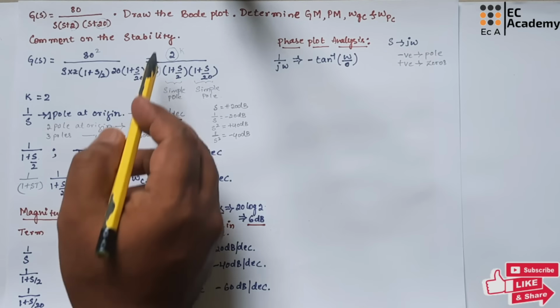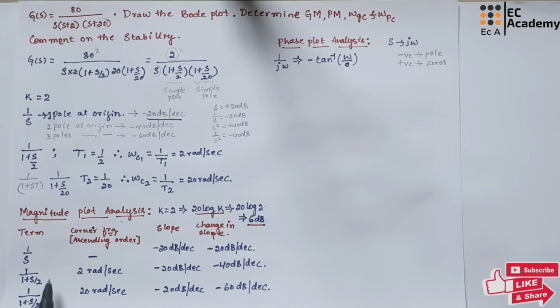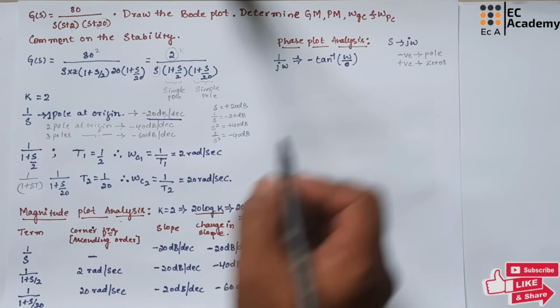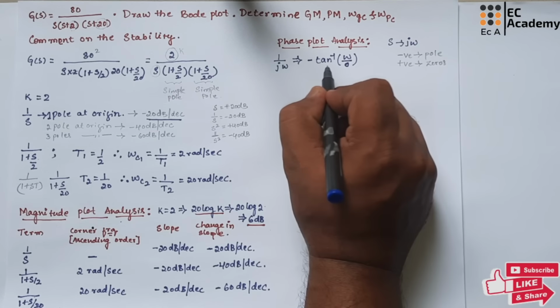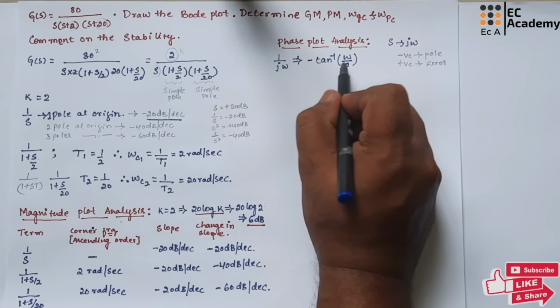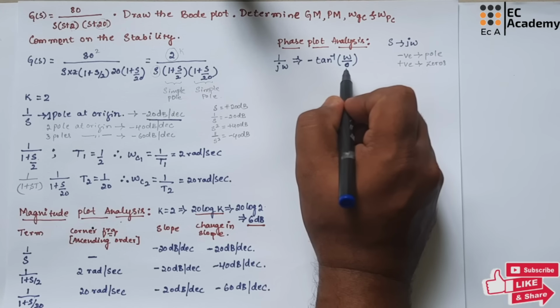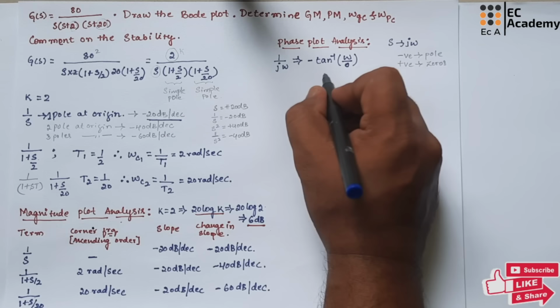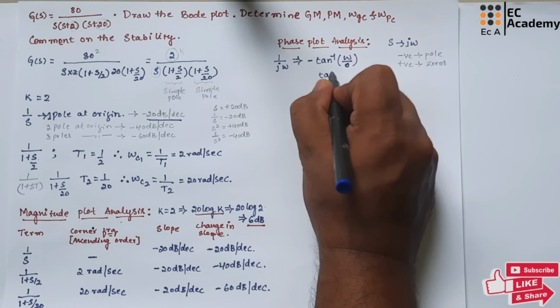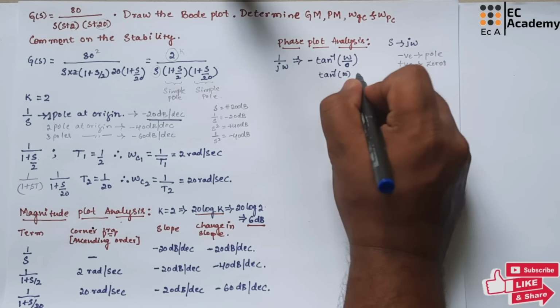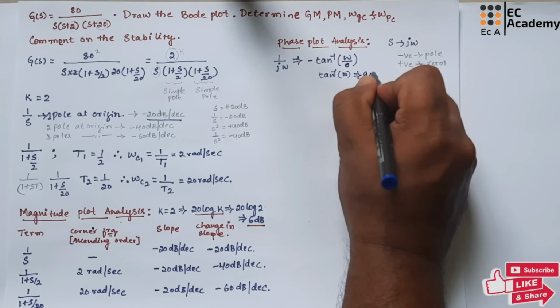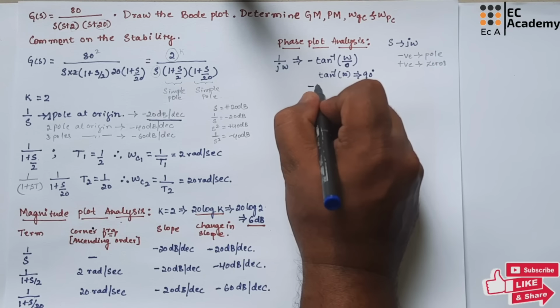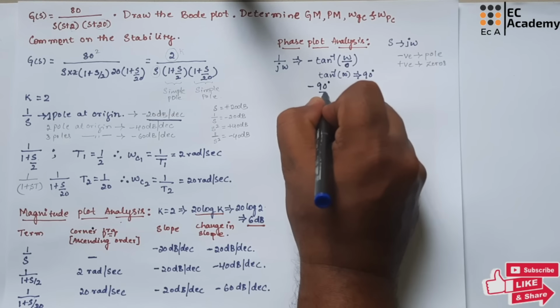So we don't have any zeros in this problem, so we are having only poles. For poles we need to take minus tan inverse. So here tan inverse of omega divided by 0 is tan inverse of infinity, which is 90 degree. So that's why we can write this as minus 90 degree.